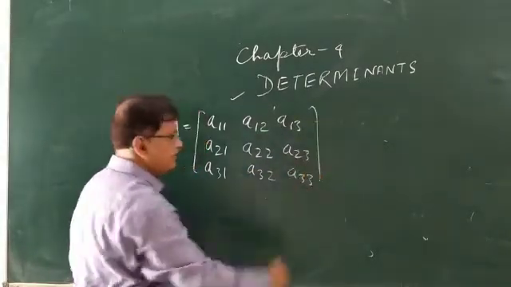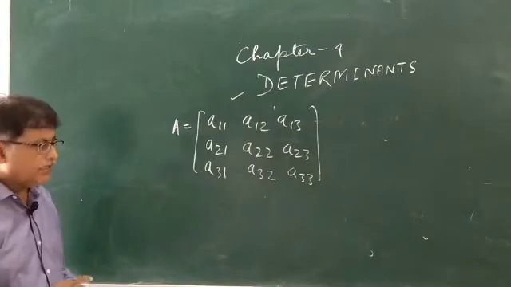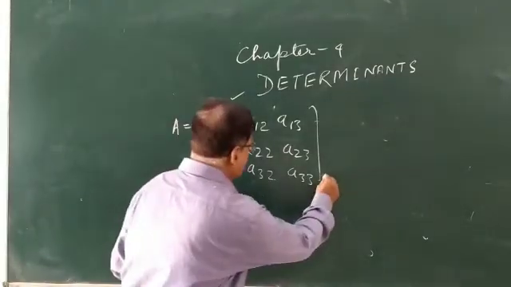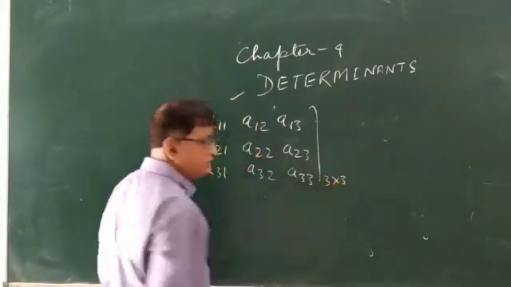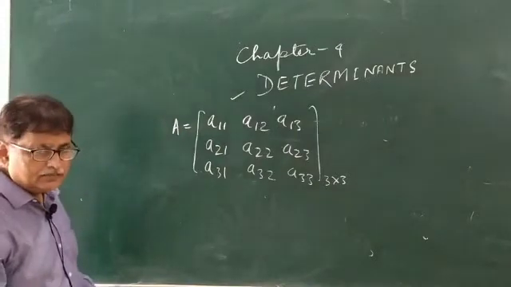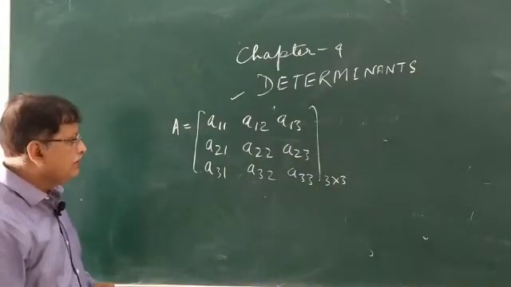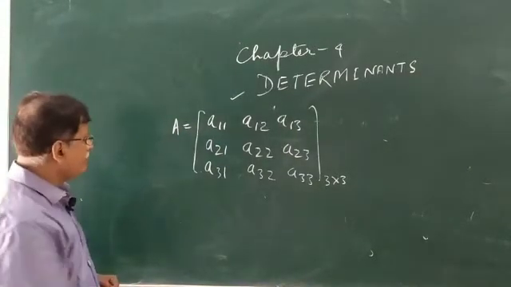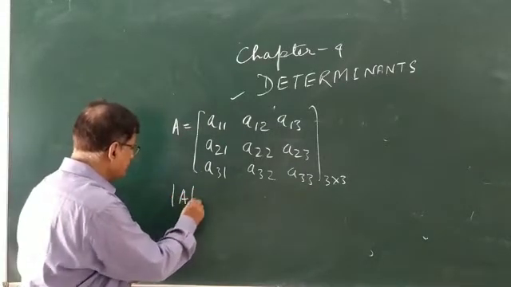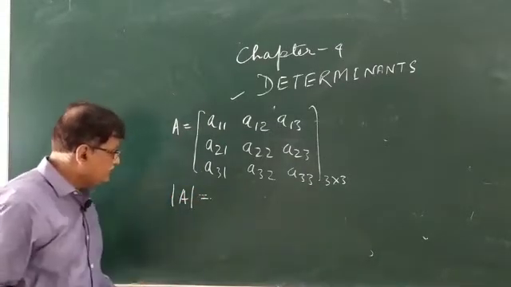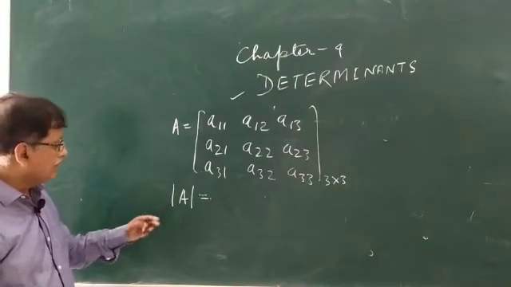Suppose it is a matrix of order 3 by 3, and then we are going to find this. When this matrix is related to a particular value, that is called determinant.